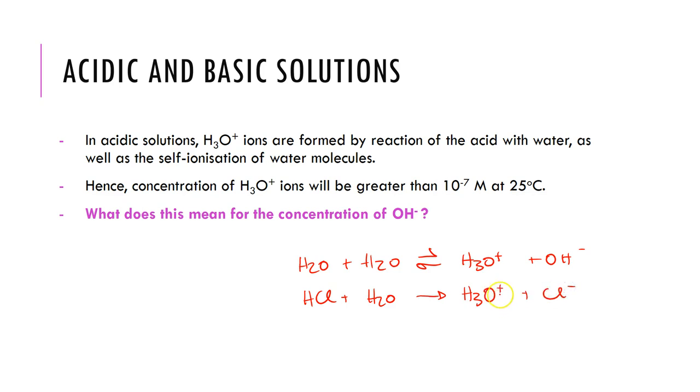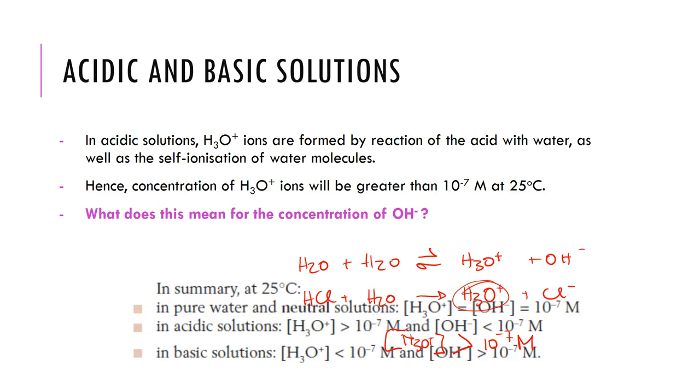So now I have an additional quantity of H3O plus. So I'm going to drive the concentration of H3O plus up, which means that the concentration of H3O plus is going to be greater than 10 to the negative 7 molar for an acid. Okay, and correspondingly, the concentration of OH minus is going to be less than that.